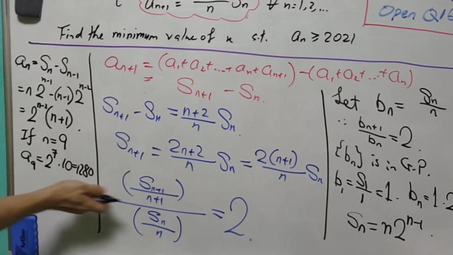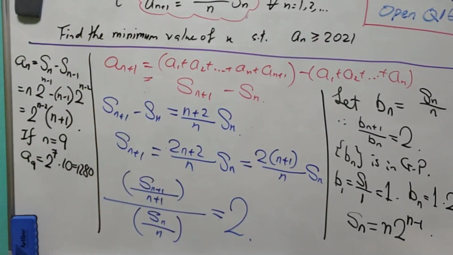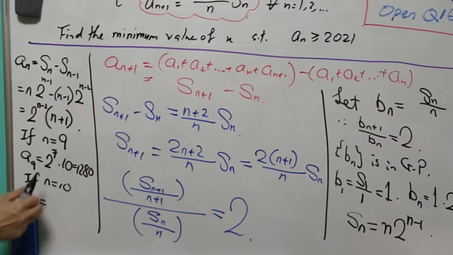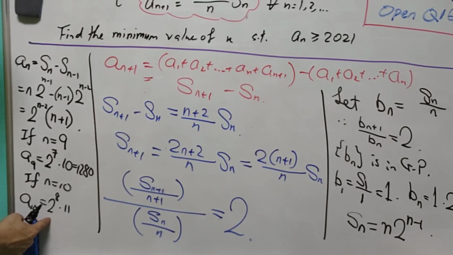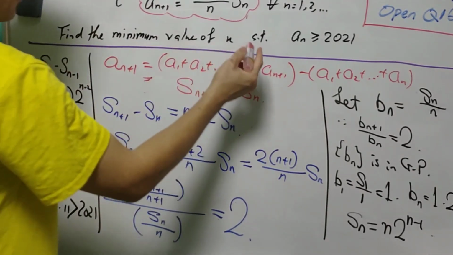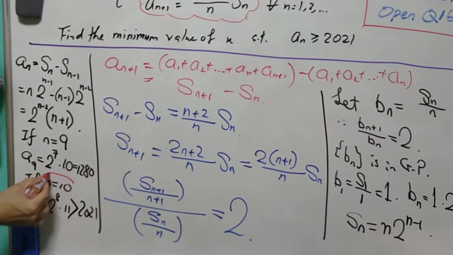And this is not yet 2021. So we should try n equals 10. In this case, a10 will equal 2^8 times 11. 2^8 equals 256, times 11. Definitely it is greater than 2021. So with this, the minimum value of n will be equal to 10.